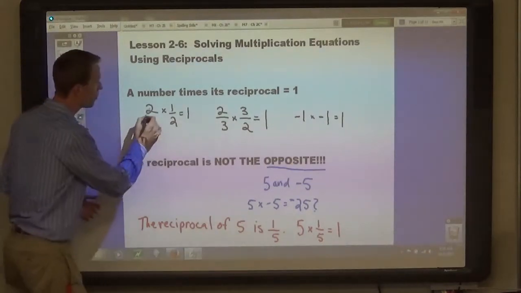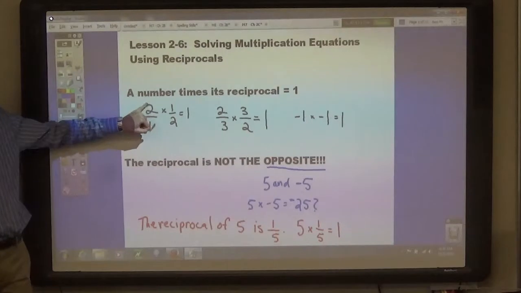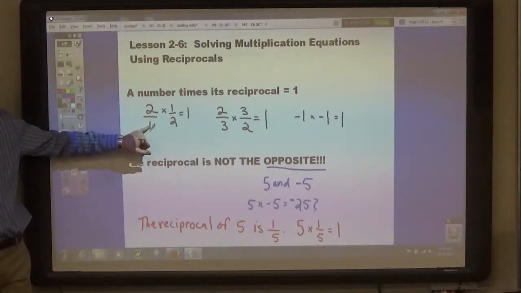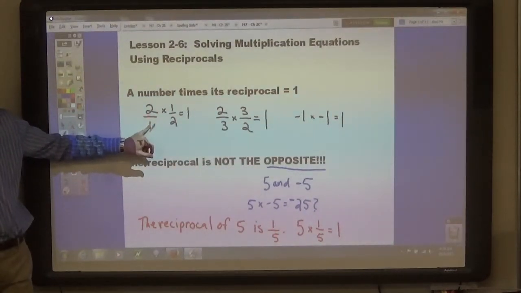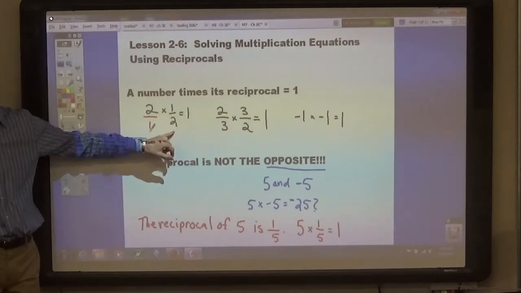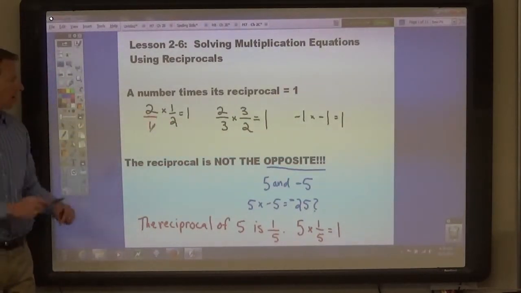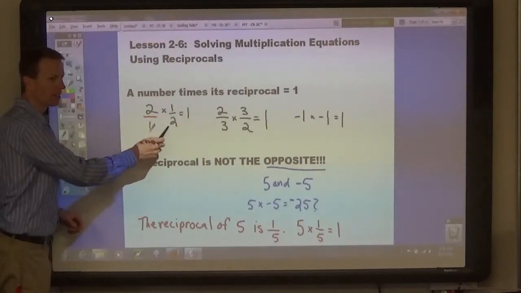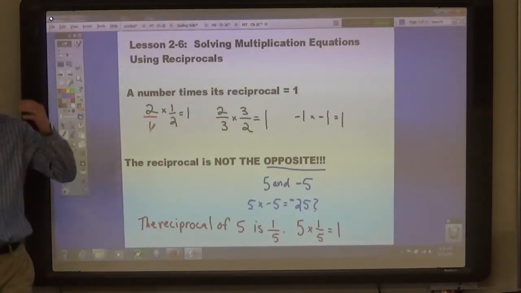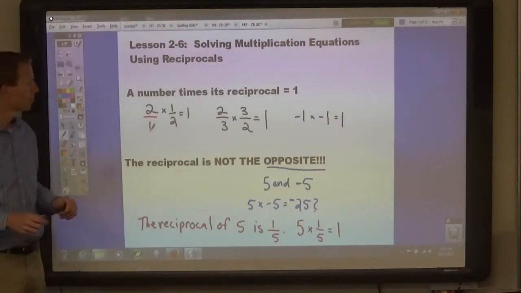The reciprocal of 2 is 1/2 because 2 can be written as 2 over 1. If you have 2 over 1, when you flip it over, you have 1 over 2. And when you multiply this, it equals 1. 2 times 1 is 2. 1 times 2 is 2. 2 over 2 is 1.